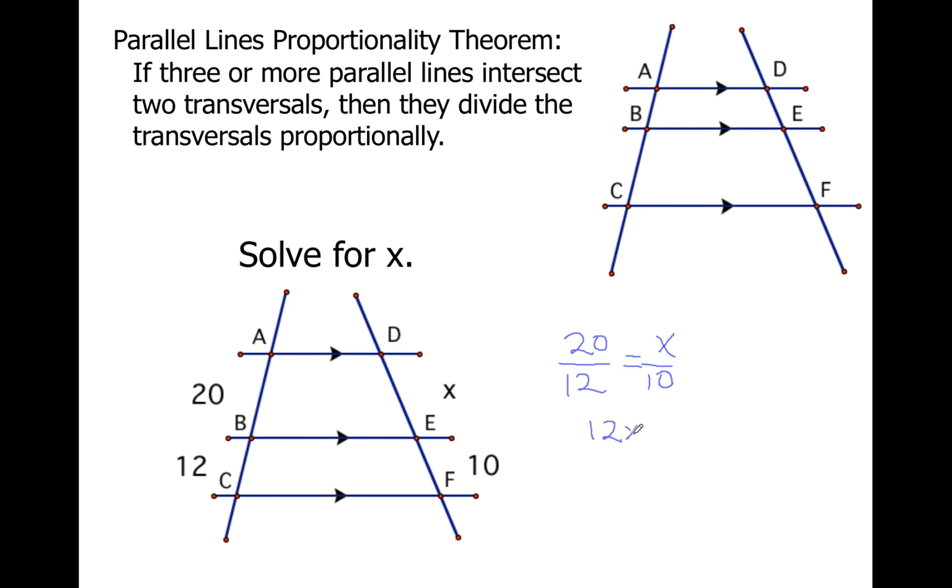So 12x is equal to 200. Then divide both sides by 12. So we got 200 divided by 12, and we get 16 2/3. It's okay to have fractions or decimals, as long as the scale factor is the same.